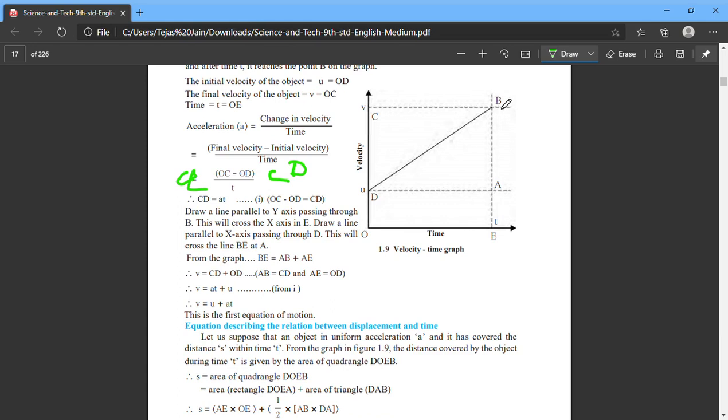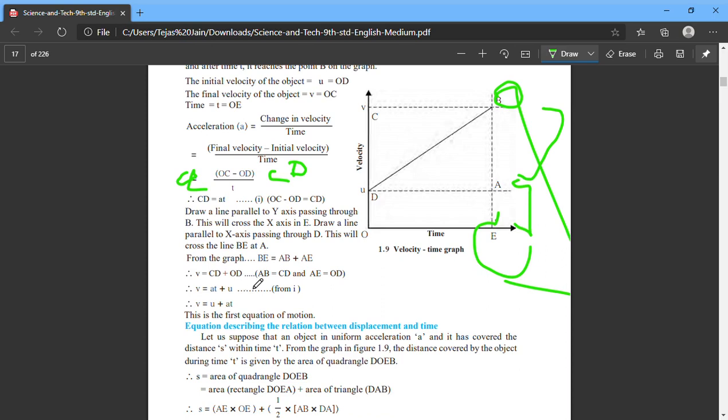Parallel to the y-axis, passing through point B, it will cross the x-axis at E. Draw a line parallel to the x-axis passing through point D. This will cross the line BE at point A. From the graph we can say that BE is equal to AB plus AE, right?